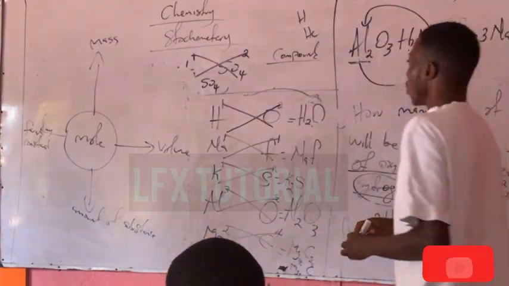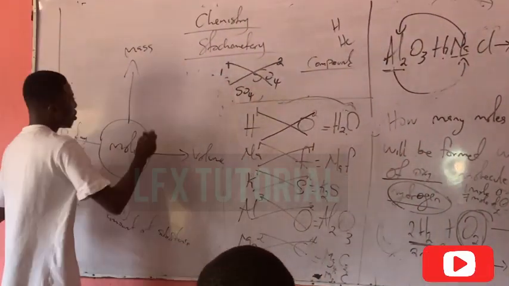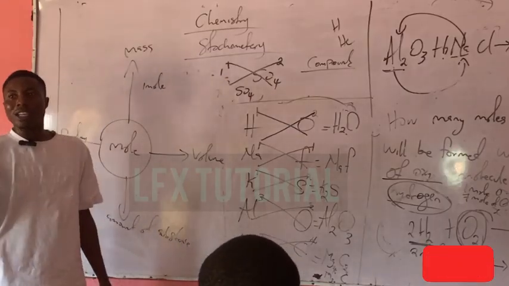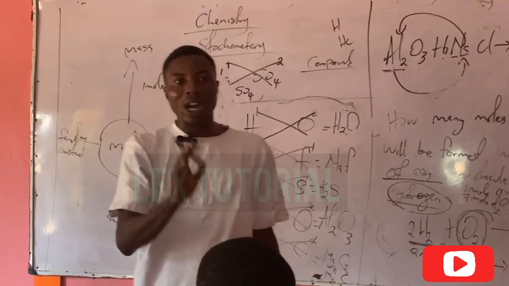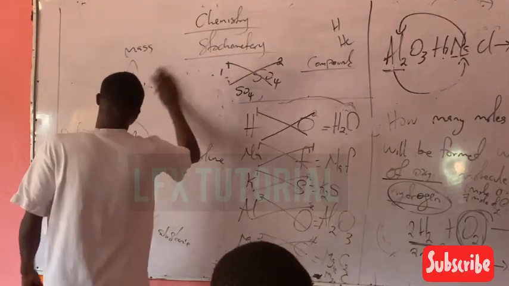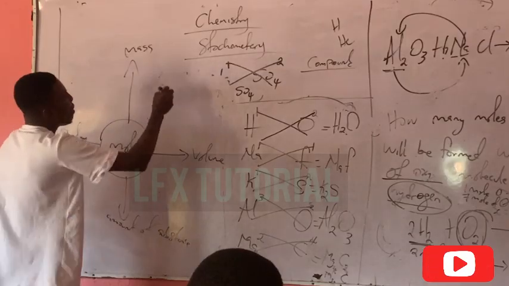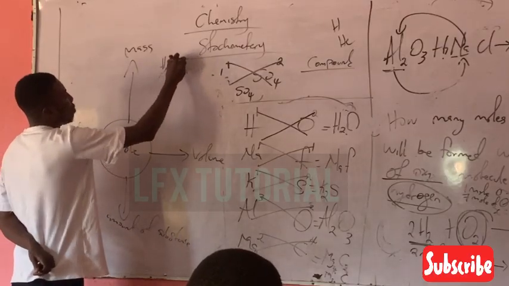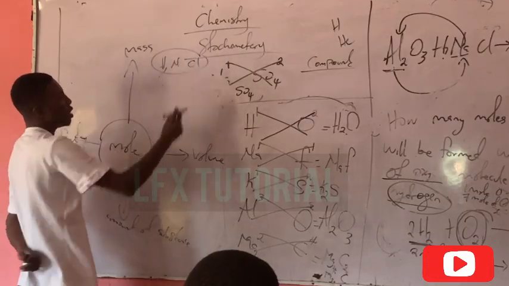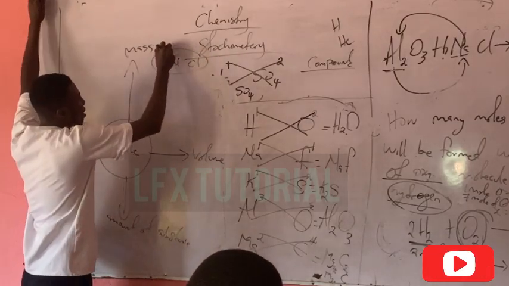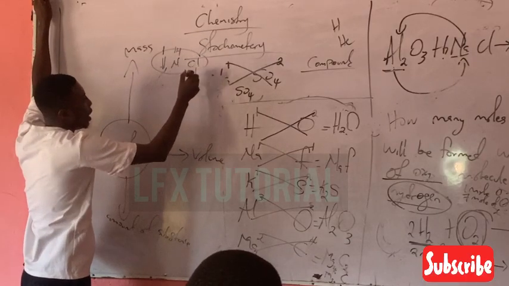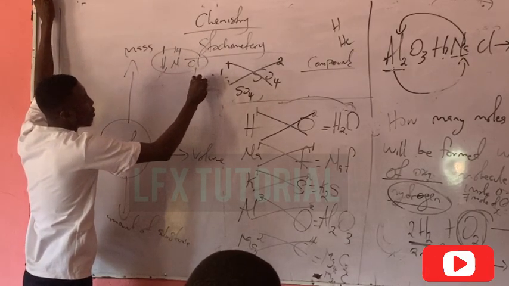So how do you know it now? One mole of every element has its own mass, and you have a way of knowing the mass. Look at the easiest way of knowing the mass of every element in the first 20 elements. Apart from hydrogen, nitrogen and chlorine: the mass of hydrogen is 1, the mass of nitrogen is 14, and the mass of chlorine is 35.5.